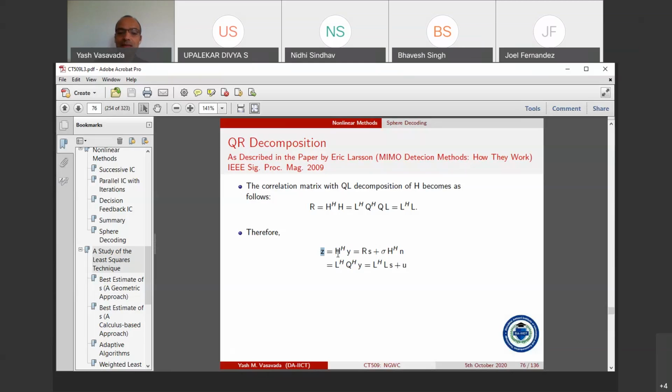So z is the SUMF, which we have written earlier as correlation matrix times vector S plus some transformed vector of noise, which we are going to call U. But now I'm going to take this H and write it as L times Q. I mean, H transpose becomes L transpose times Q transpose. And this R is already L transpose L.